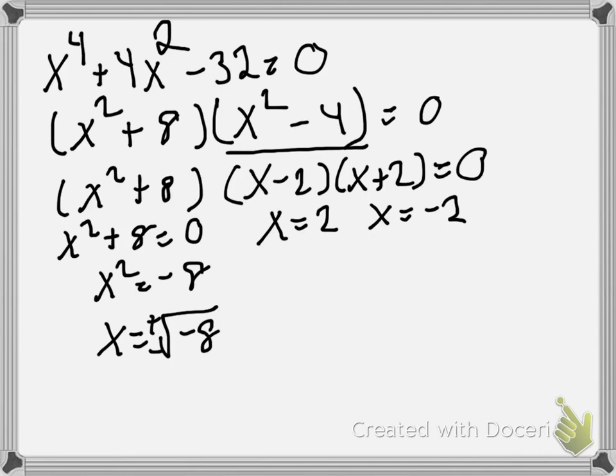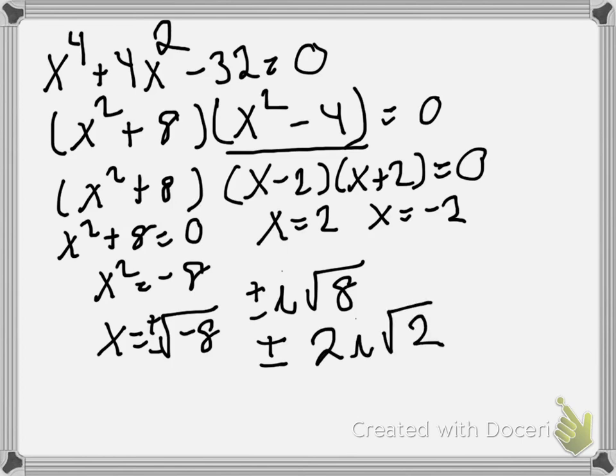Well, that gives me i times the square root of 8. Well, the 8, I can actually simplify that. So it's still plus or minus. The square root of 8 is going to be 2 square root of 2, so I've got 2i square root of 2. Hopefully you remember how to simplify radicals like that.